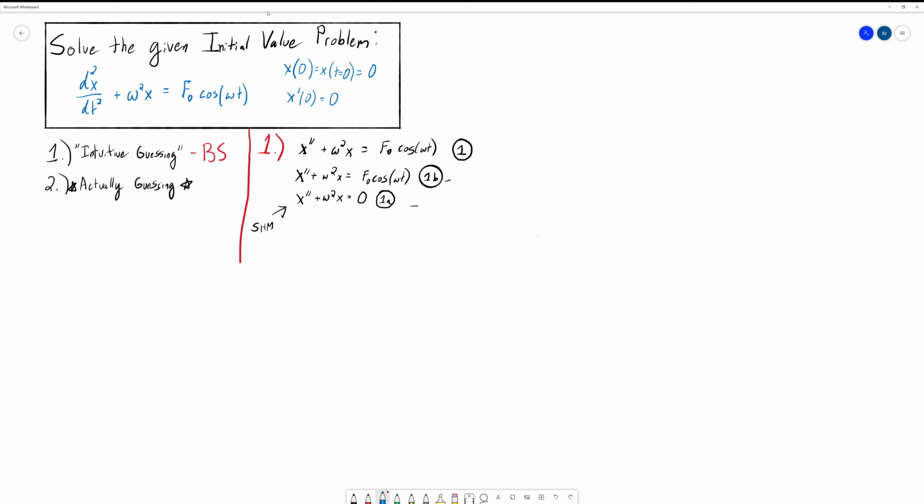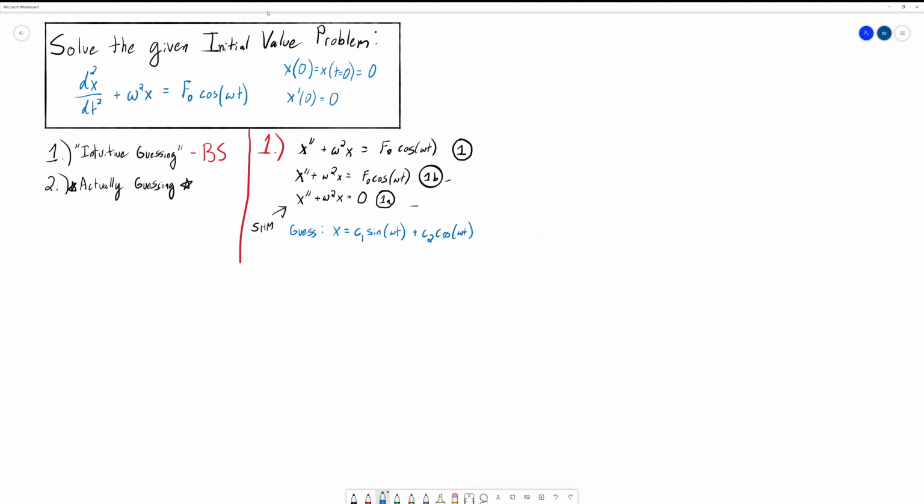And again, it's like, how do I know that? It's because I've done a lot of these problems. That's how I know that. So I'm going to guess for 1a that x is going to equal some constant c1 times sine omega t plus some constant c2 times cosine of omega t.